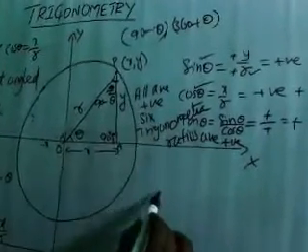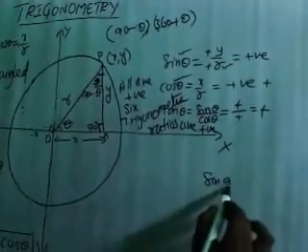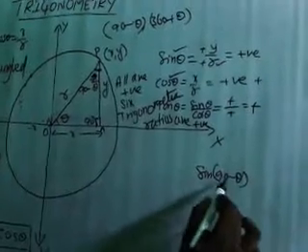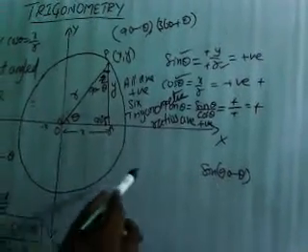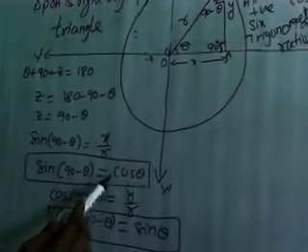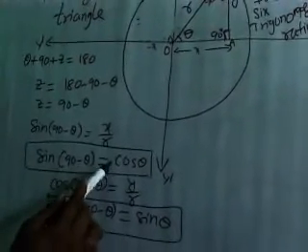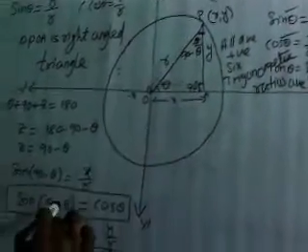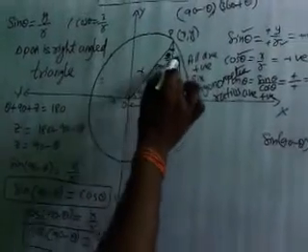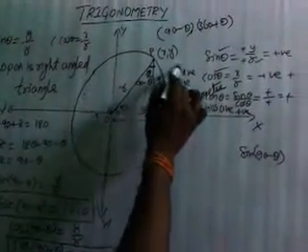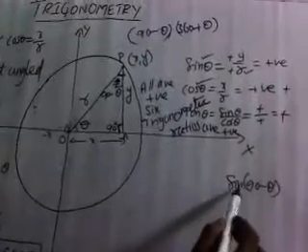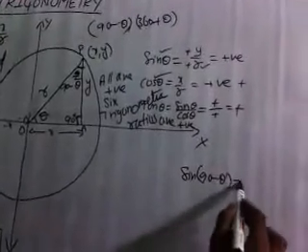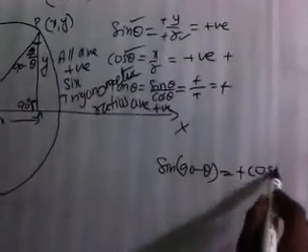For example, we derived sin 90 minus theta equals cos theta. But is it plus cos theta or minus cos theta? That depends upon the quadrant in which the angle lies. 90 minus theta lies in the first quadrant, where all trigonometric ratios are positive, so sin of the angle is also positive. So we get plus cos theta.